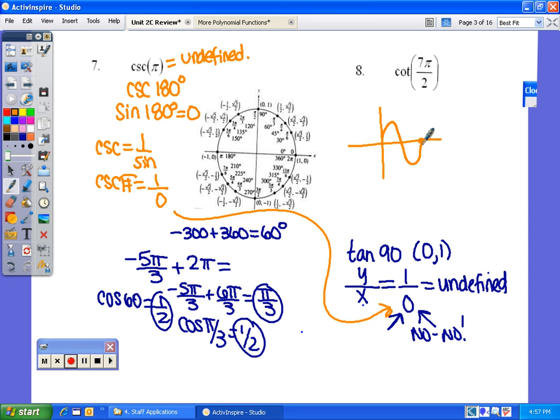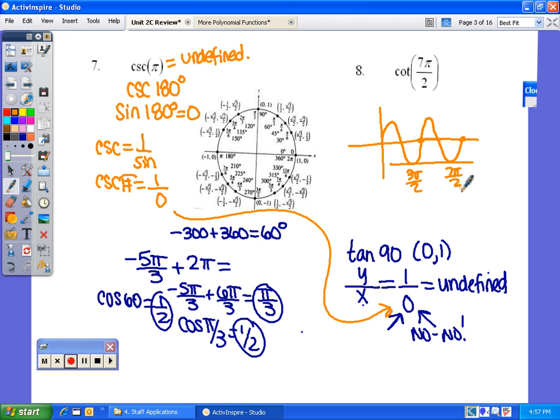After 2 pi, you would go to 5 pi over 2, and then 3 pi, 7 pi over 2, and then that would be 4 pi. So if you notice right here, these two share the same value: 3 pi over 2 and 7 pi over 2.